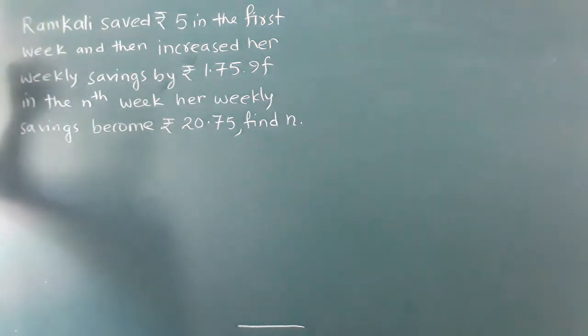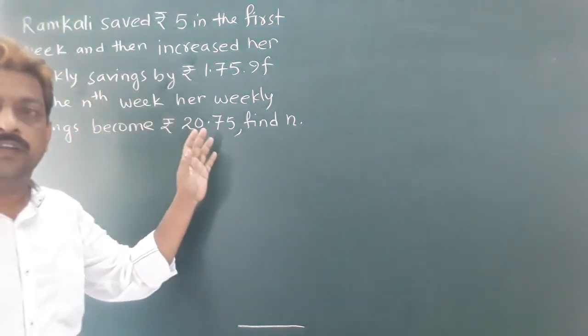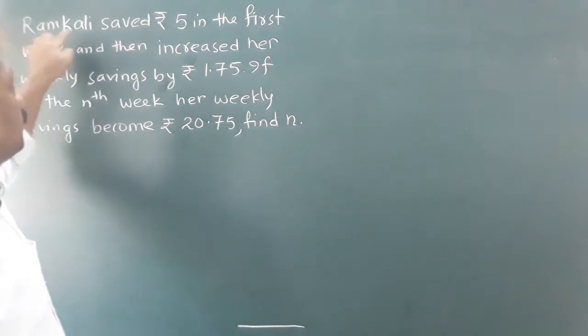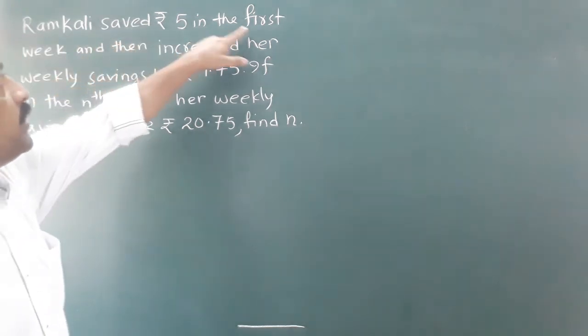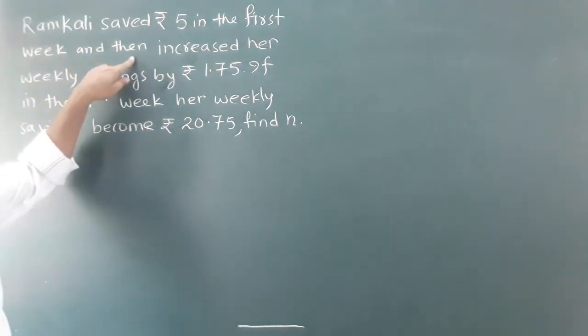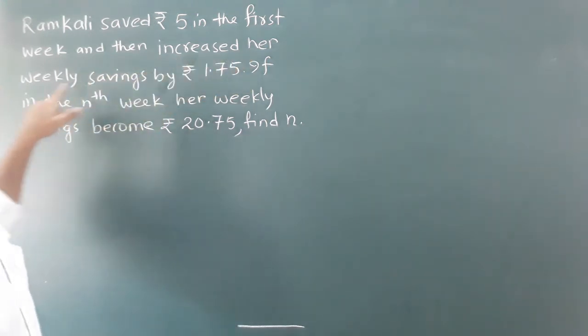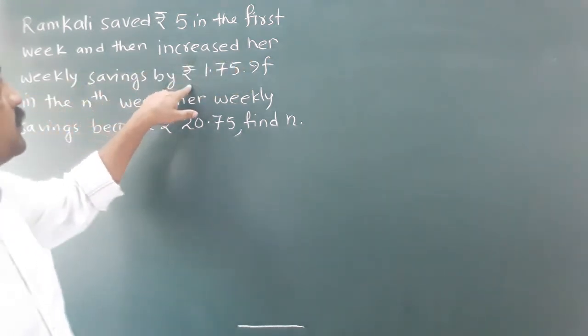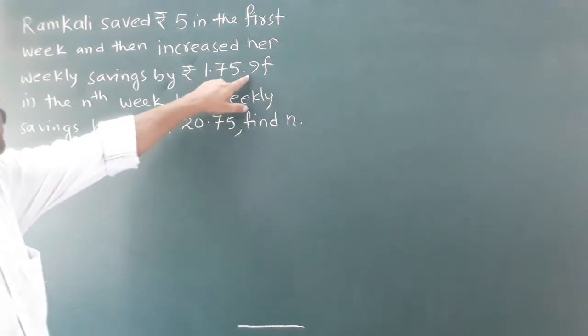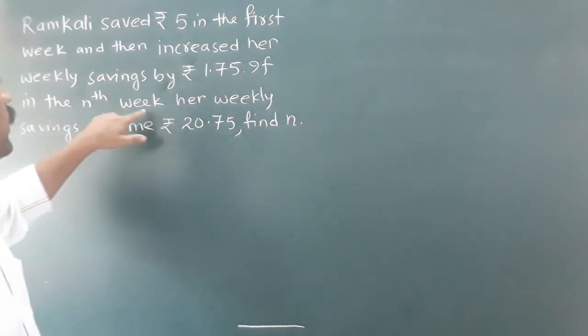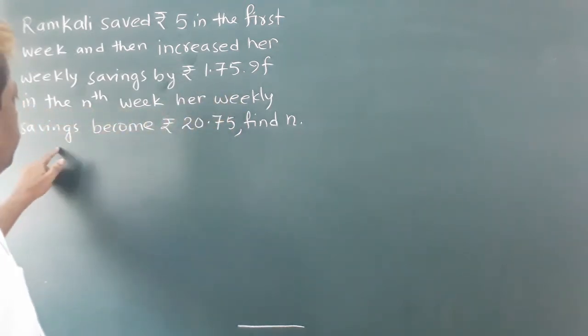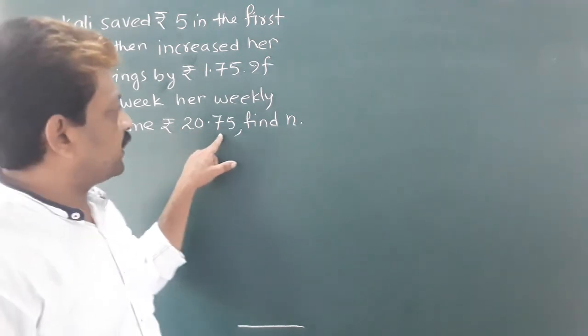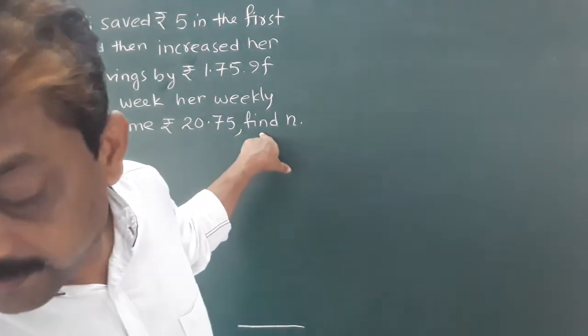One more question from NCERT class 10 mathematics. Ramgali saved rupees 5 in the first week and then increased her weekly savings by rupees 1.75. If in the nth week her weekly savings become rupees 20.75, find n.